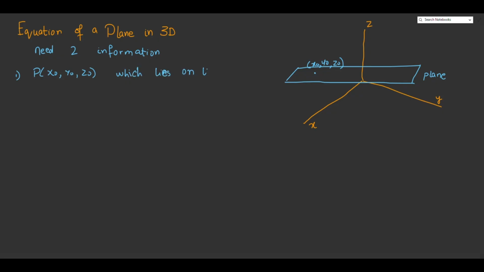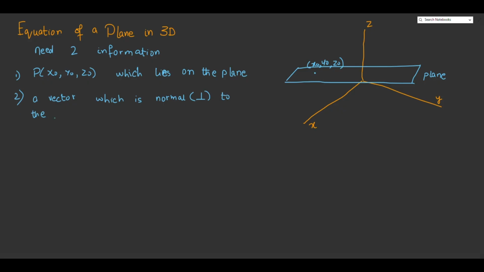And the second piece of information you need about this plane is a normal vector, a vector which is normal to the plane. What do we mean by the normal? Normal means it is perpendicular to the plane. You can use this symbol, which is normal to the plane.